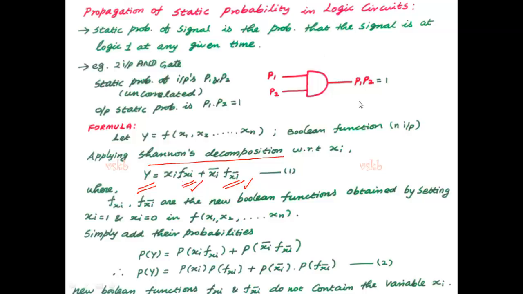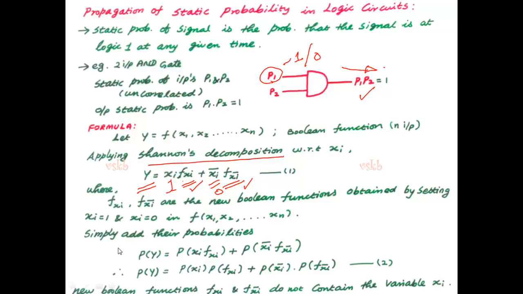That means for y, I would want to check with a particular input applied with a 1 condition and a 0 condition to check the influence on the output. Therefore, you are keeping xi at logic 1: what is f_xi with xi at 1? What is f_xi bar with xi at 0? This is what we are doing. So f_xi and f_xi bar will not naturally have the variable xi. Other than that, the remaining variables will stay.